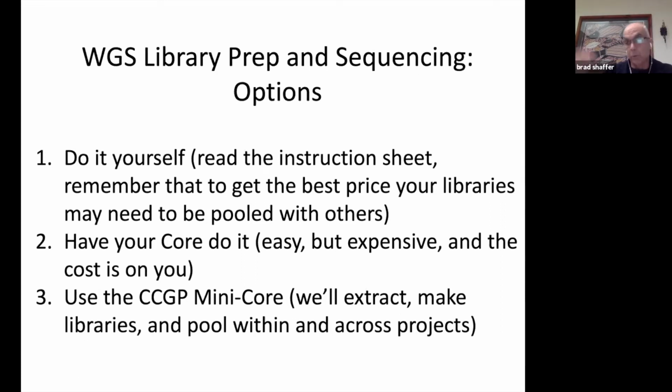And if it's more or less, that's fine, but that's on you. The third option, and the one we're going to talk about some more, is to use the CCGP mini core that we're setting up. If you do that, then depending on what you send us, we can do extractions, we can make libraries, and we can pool them within and across samples.